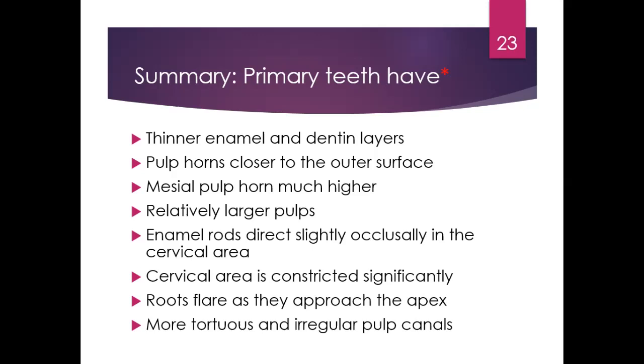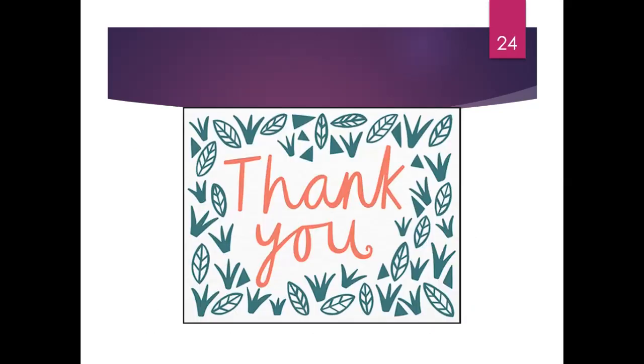The enamel rods run occlusally, in the direction of the occlusal plane. And the cervical area is constricted significantly. Roots flare as they approach the apex, and there are more tortuous or irregular pulp canals. Okay, so just keep that in mind. And that is it.